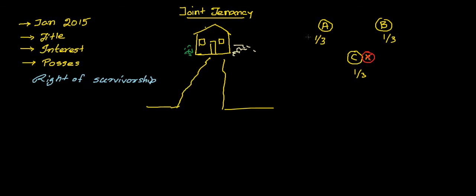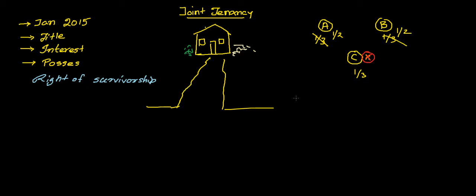What will happen is, automatically in New Jersey, A and B will remain in joint tenancy, and instead of 1/3 they will each become half. It will be half ownership, and they will still remain in the joint tenancy. There are a lot of limitations of having joint tenancy.